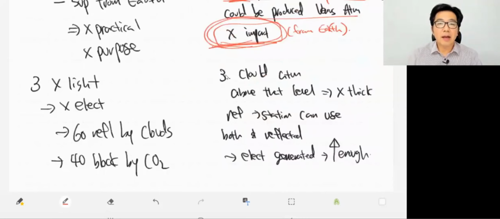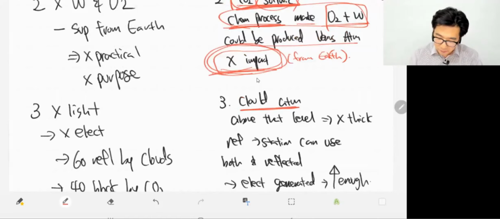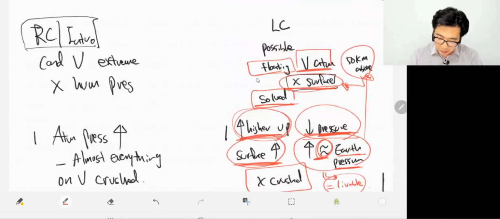All right, third body paragraph. So cloud higher up in the atmosphere, a little bit like the first body paragraph, okay?